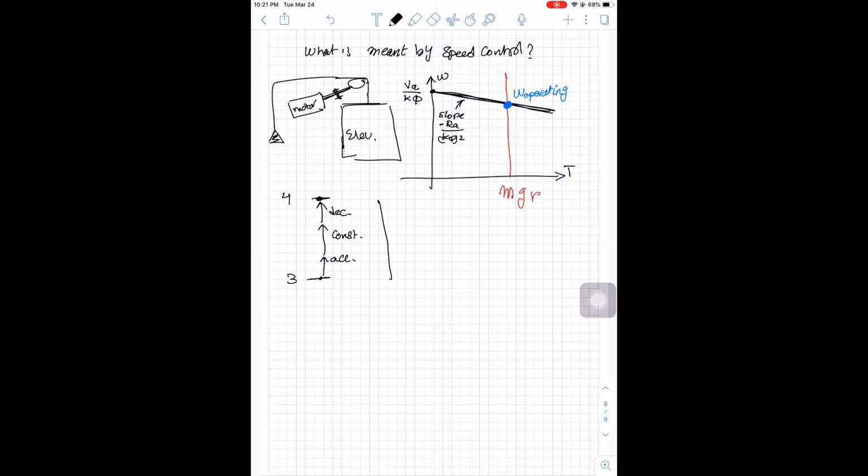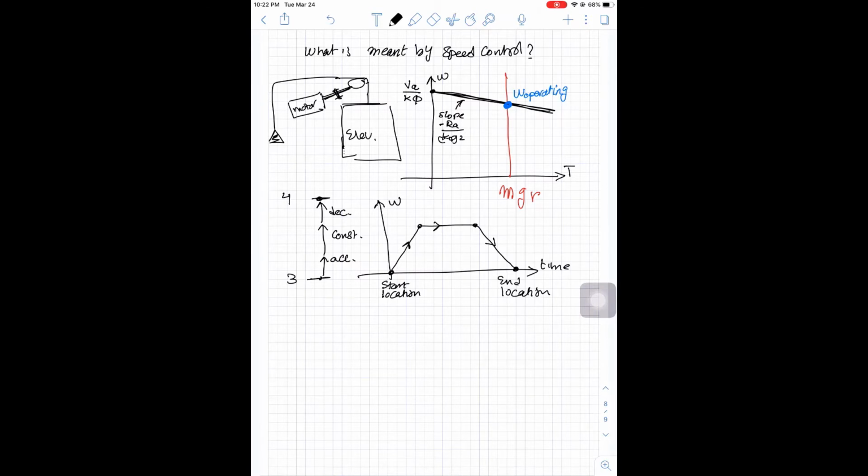So if we sketch the speed versus time, we start from rest, we need to accelerate, then go with constant speed, then we decelerate, and this is your start location, and this is your end location. So in all of our real life applications, we need to do this. We need to accelerate, we need to go with constant speed, we need to decelerate.